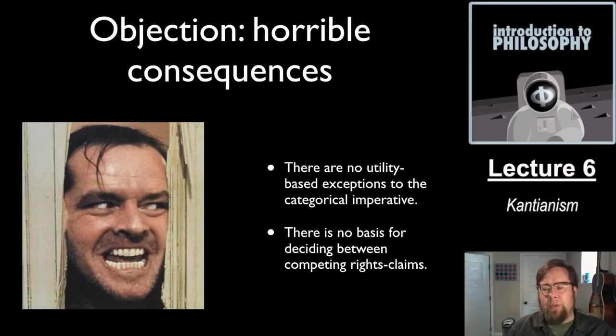And so we have a way of resolving competing rights claims with utilitarianism. What you do is you try to figure out which actions will lead to the most amount of pleasure, or which actions will maximize the ratio of pleasure over pain, something like that. So you have a way of deciding between competing rights claims there.